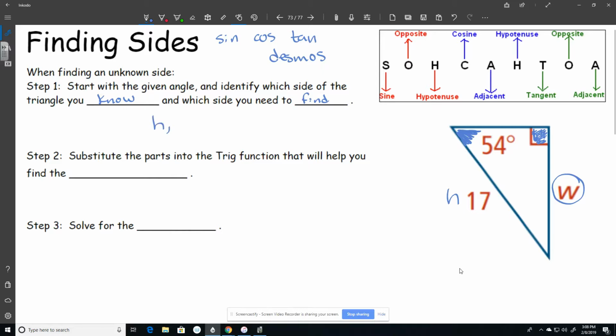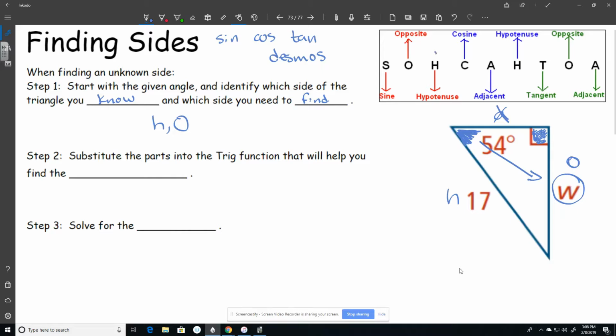The part I don't know, compared to 54, that's across from 54 degrees, which means this is my opposite. So I know the hypotenuse, I don't know the opposite. That makes this my adjacent, which I don't really care about in this problem because there's no information there for me. So I'm looking at H and O, the hypotenuse and the opposite.